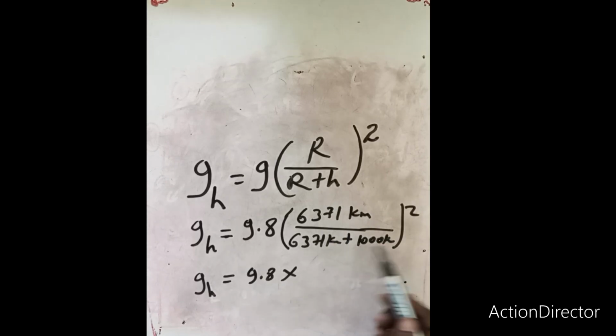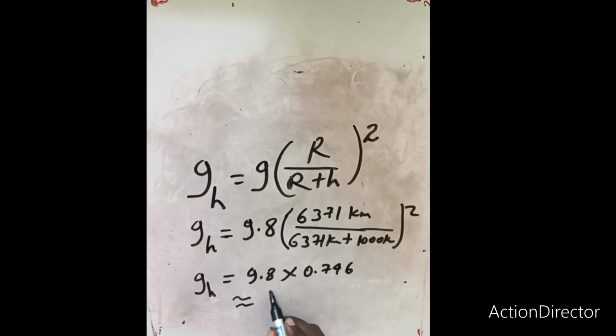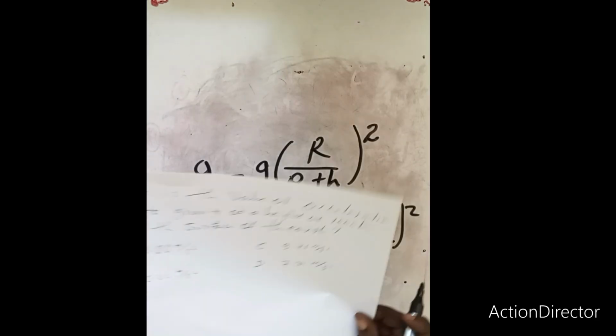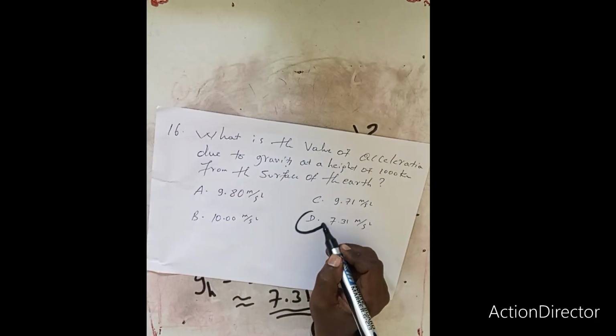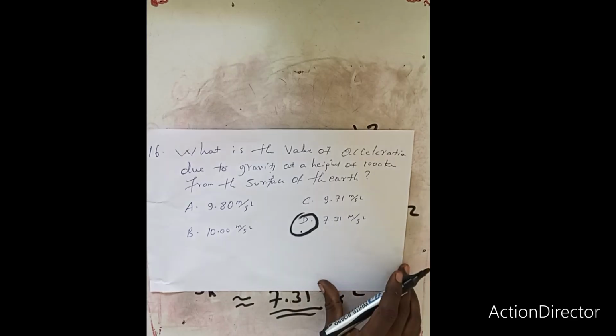Use calculator and you get around 0.746, and approximately this result becomes 7.31 meter per second square. So 7.31 is D, so the answer is automatically D.